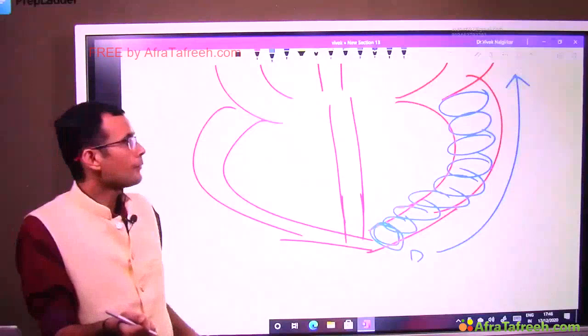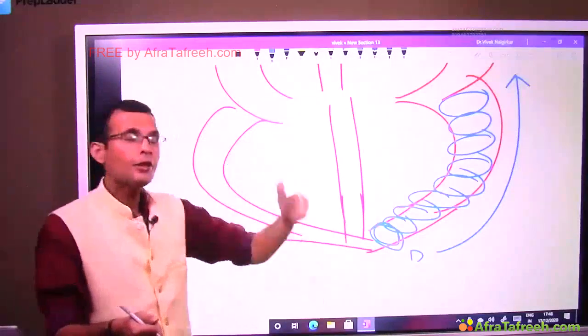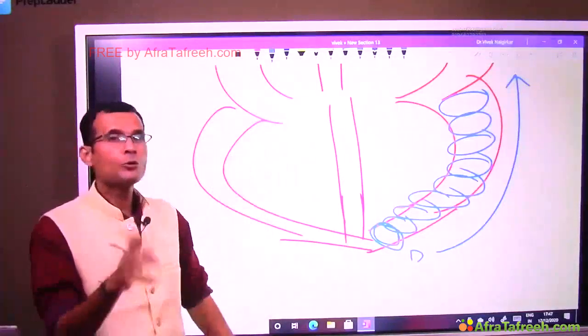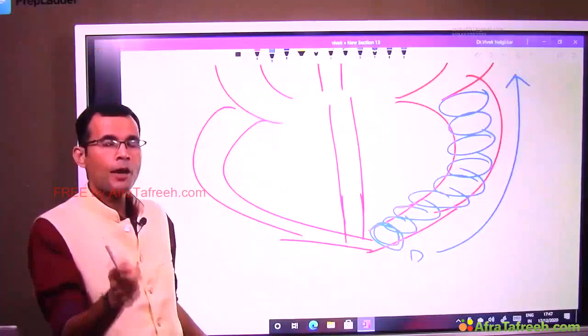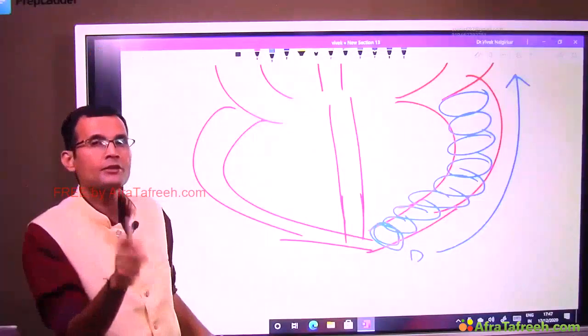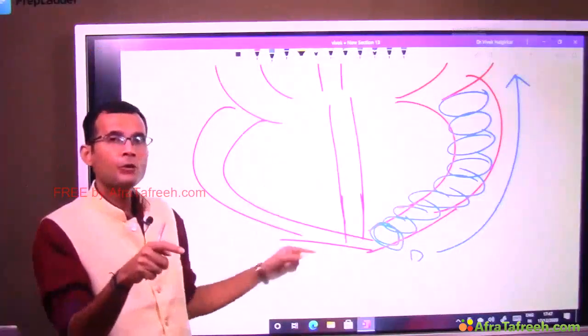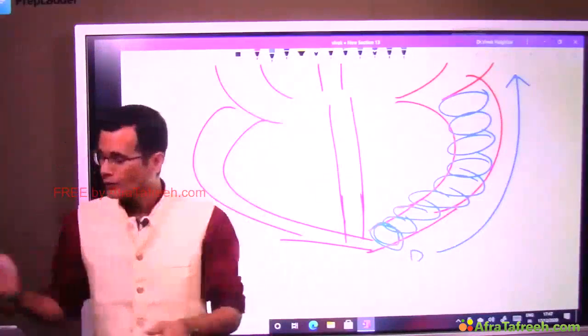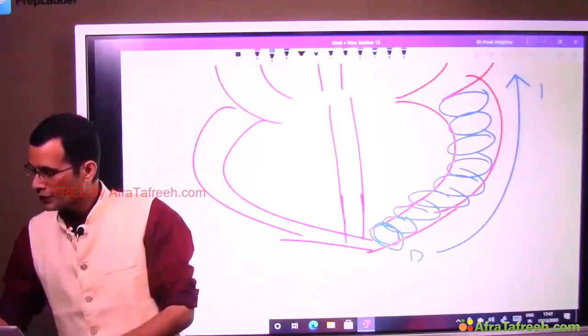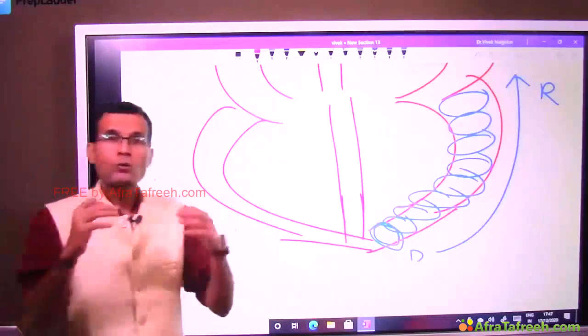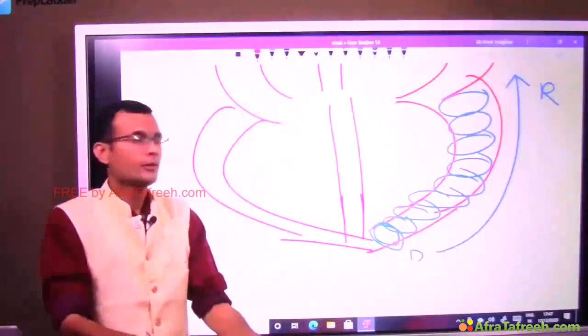But then recovery occurs in the reverse. I told you the answer already. The last part to repolarize is the apical endocardium. Why is that? Because repolarization goes in the opposite direction.